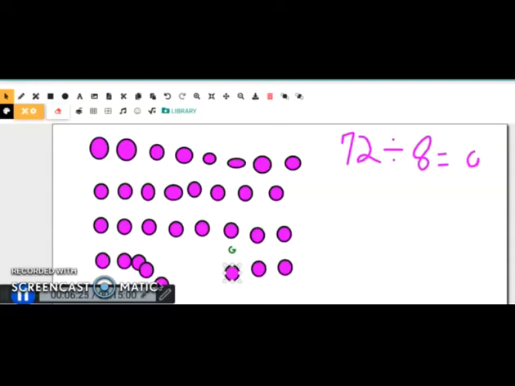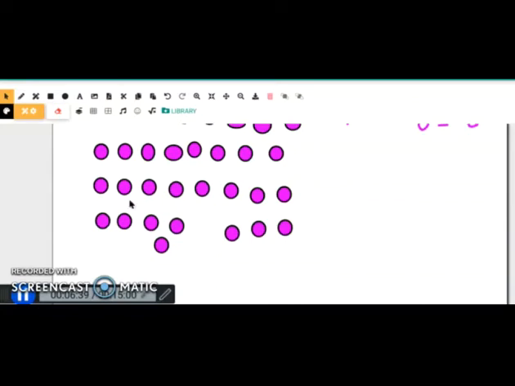But we are at 32 now. And we need to continue until we get 72. So I'm going to keep moving this up just a little bit, and then we can come back and count them. So now we're at 32, and we're going to do the same thing again.